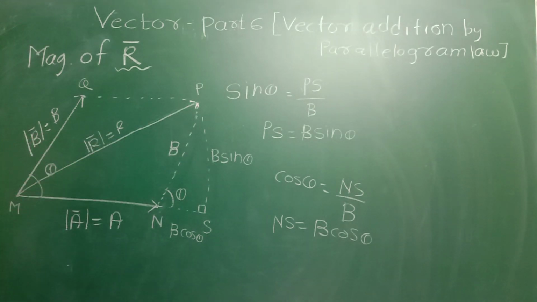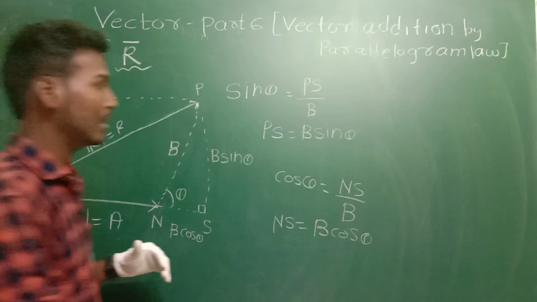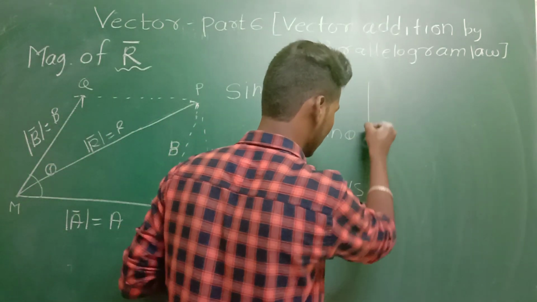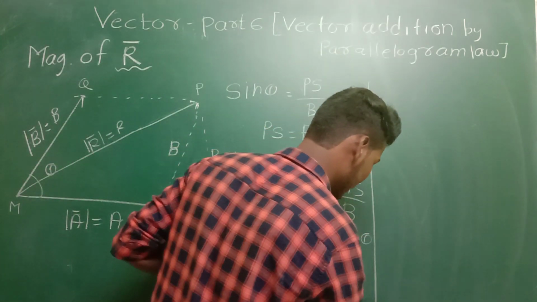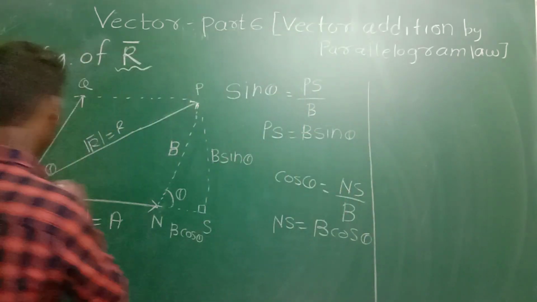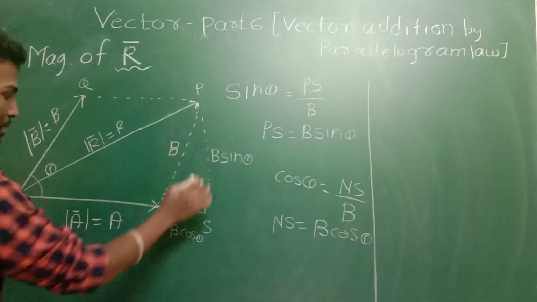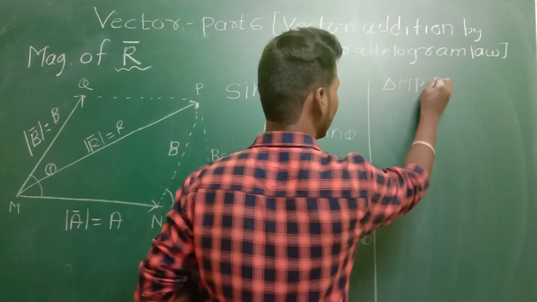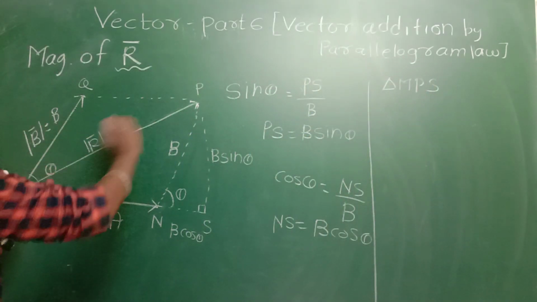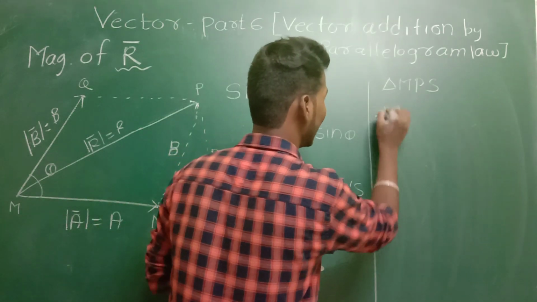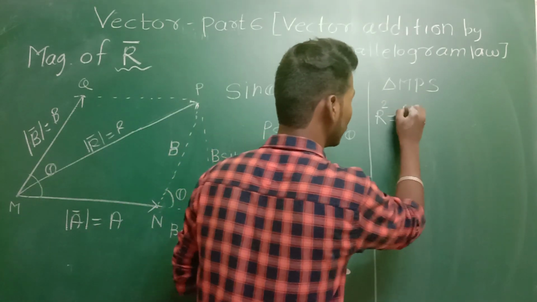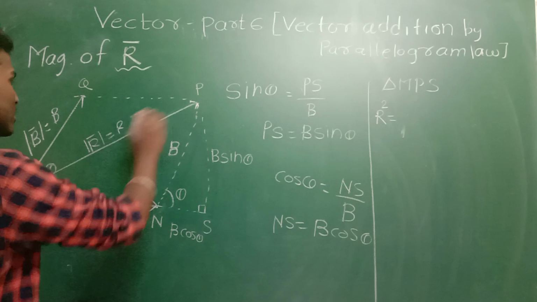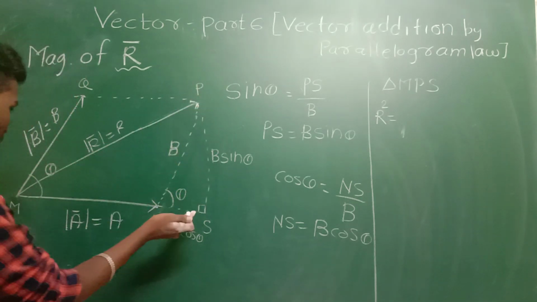So now we will use the Pythagoras theorem, as in previous lecture 2 we have used the same concept. By Pythagoras theorem in triangle MPS, square of this side, that means R square, will be equal to square of this side plus square of this side.